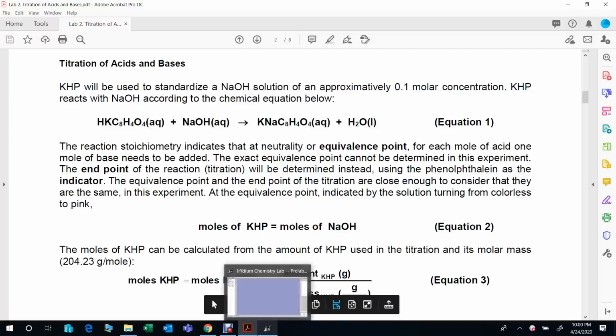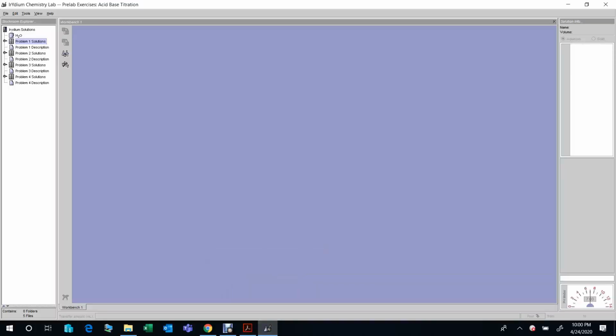And then let's see the problem 1 solution. Okay, so there are a few options: 0.1000 molar KHP or 0.08 molar KHP.